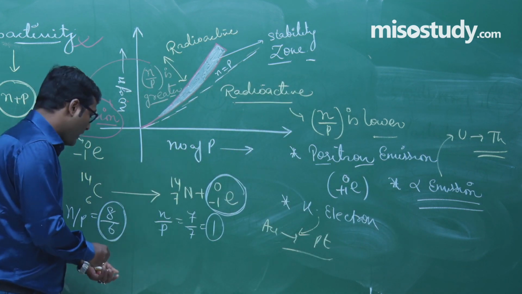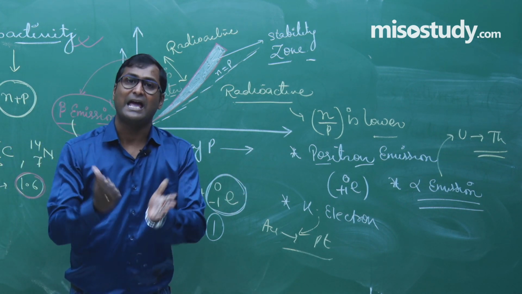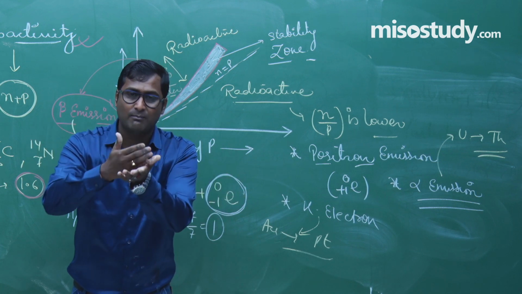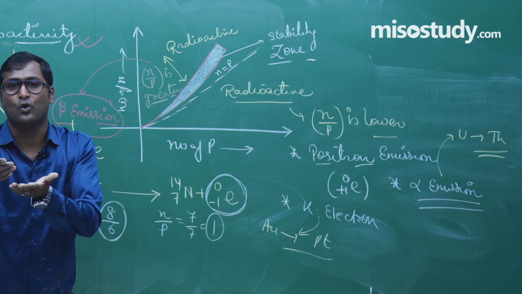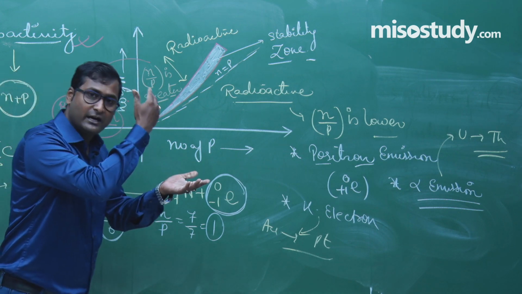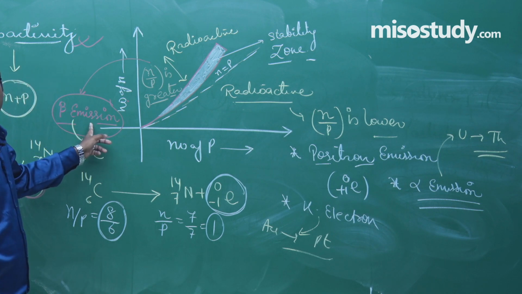So now if anyone asks you what is the cause of radioactivity, it is the N by P ratio. If the N by P ratio is higher than the stability zone, then the radioactive element will gain stability by losing a beta particle.